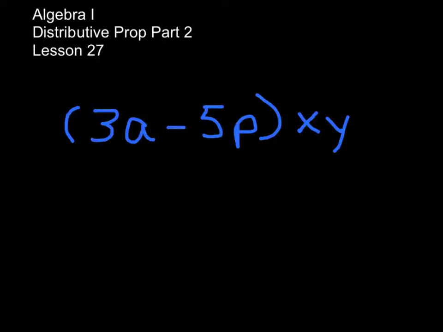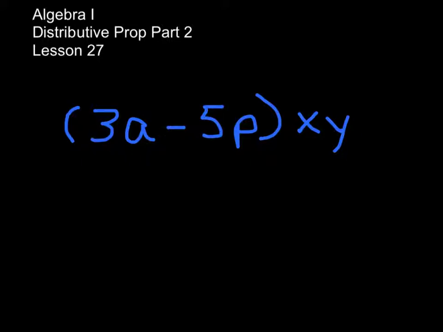And if you look at this, when we've used the distributive property before, we've said whatever's in front of the parentheses we distribute. Well, this problem's written a little differently because the part that's outside the parentheses, which in this case is xy, is behind the parentheses.